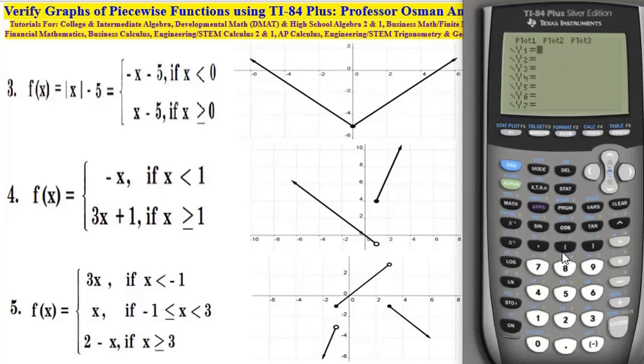So it is 3x and this is valid, open parenthesis, when x is less than minus 1.